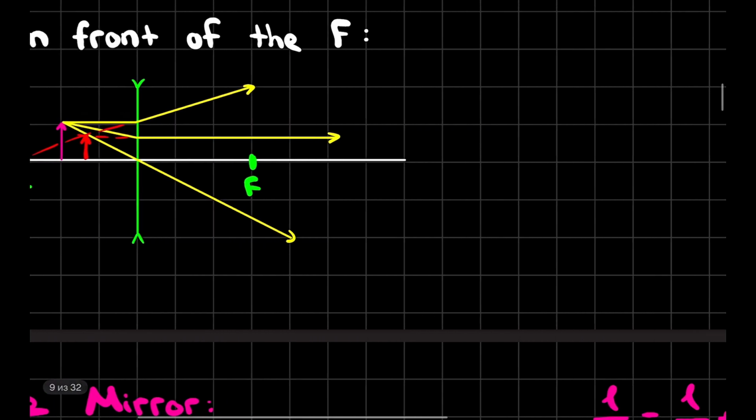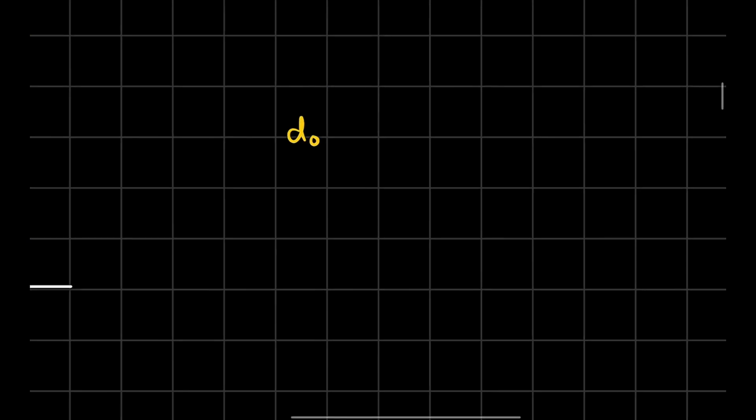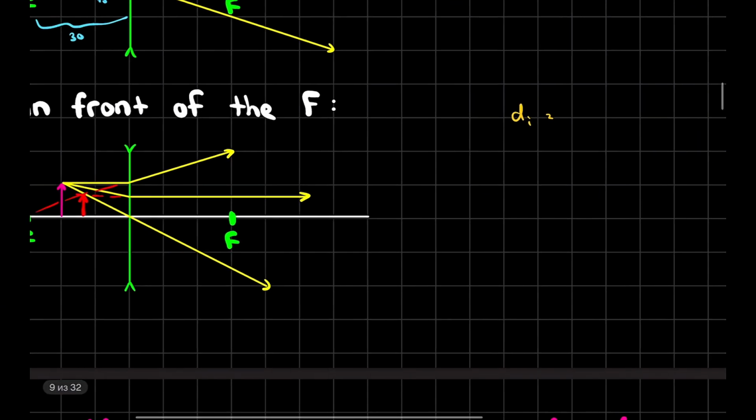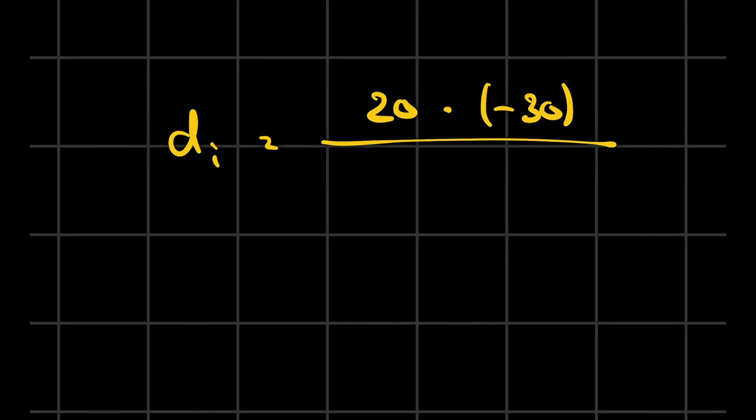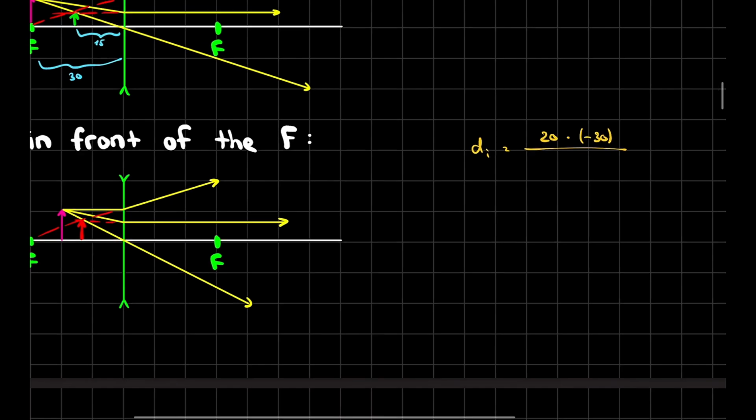Okay, if we calculate it again, distance of the object, distance of the image, I'm sorry, we're working with image, distance of the object is 20. We need to remember that. This is multiplied by minus 30. Please never forget that a diverging lens has negative focal length.